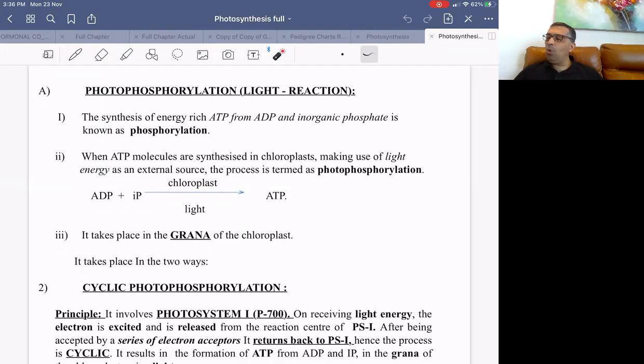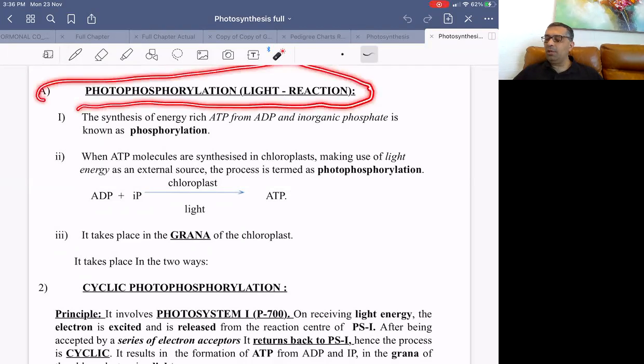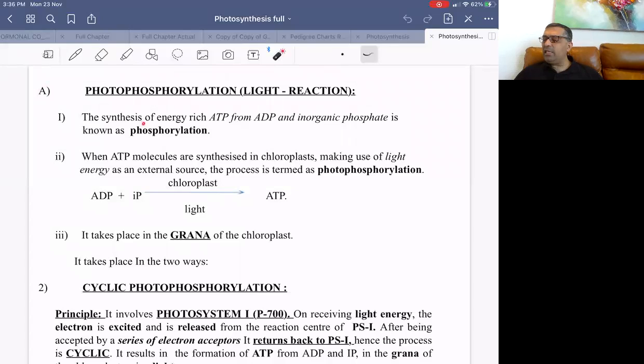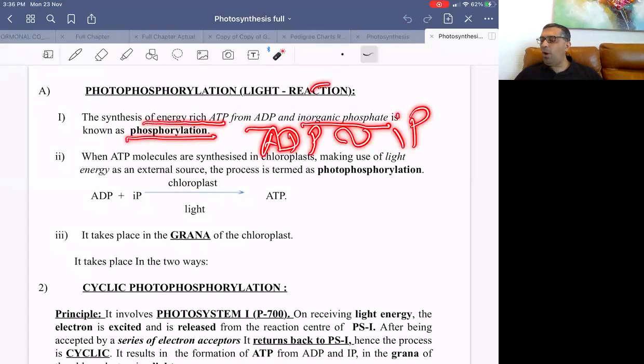सबसे पहले, what is the meaning of photophosphorylation or light reaction? The synthesis of ATP from ADP and IP is called as phosphorylation. ADP plus IP using 7.3 kilocalories of energy is called as phosphorylation.